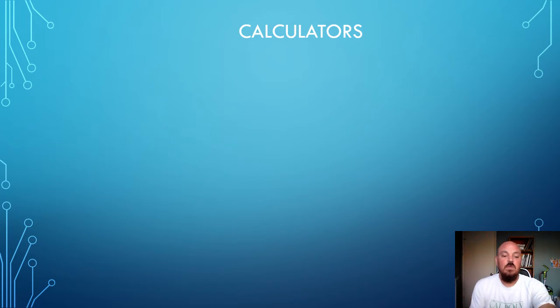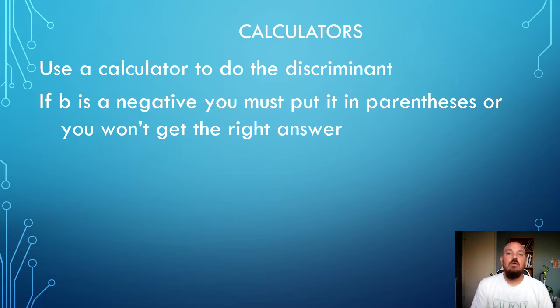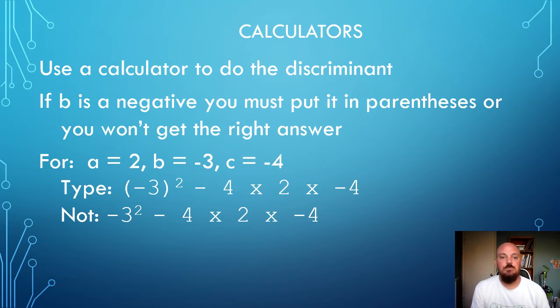So first of all, when you're doing the b squared minus 4ac part, let's say you want to do it on your calculator, which probably a lot of people want to do. If b is a negative number and you're squaring it on a calculator, make sure you put it in parentheses. If you don't, it actually comes out wrong. So here's the difference. Let's say we had some question where a was 2, b was negative 3, and c was negative 4.